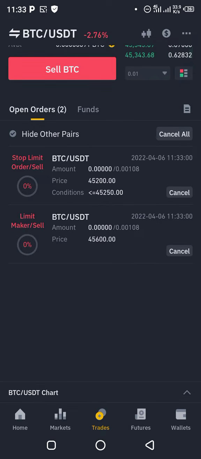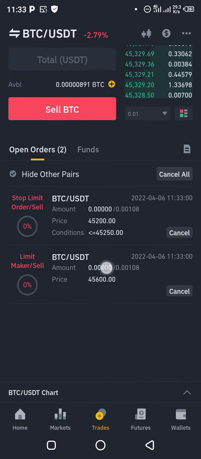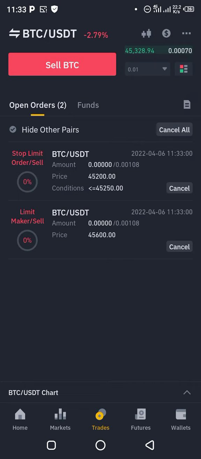That's what you've told Binance to do. Do you understand? It's that simple. And now if the price rises back to 45,600, you're already in profit. The one here at the bottom is for profit. If it gets to 45,600, you are in profit already. So you are telling Binance to sell for you because you want to make some cool cash. All right, it's that simple.